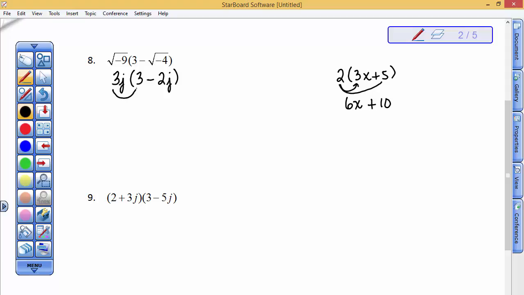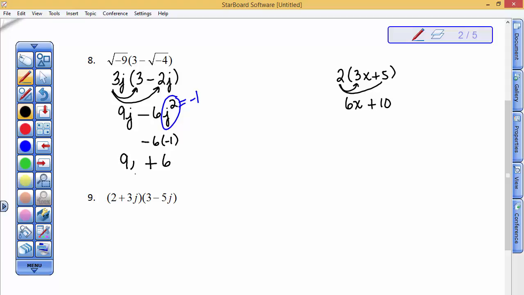So 3j times 3 is 9j. And 3j times a minus 2j is a minus 6j squared. But please remember, j squared is equal to a negative 1. So you have there a minus 6 times a negative 1, which is a positive 6.